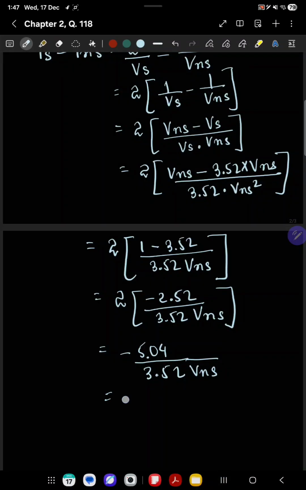So we can also write it as minus 1.43 upon Vns. So this will be our final answer.